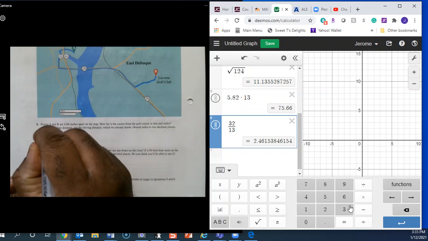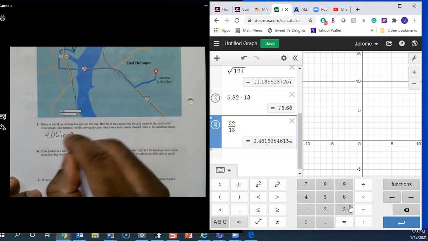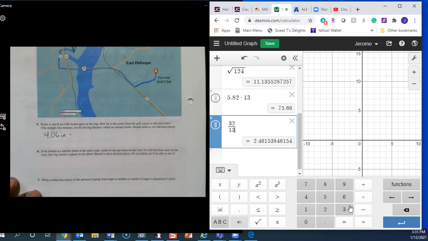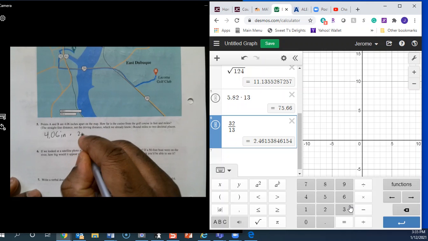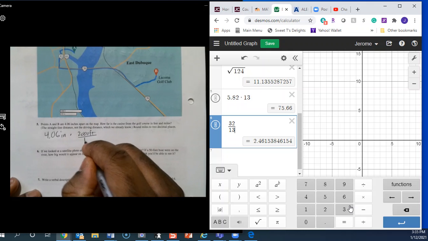So, we know we have 4.06 inches. And we're going to multiply it by the scale. Now, if you look here, this scale is actually in feet. So this is telling you that 1 inch is equal to 2,000 feet on this map. So we will multiply this by 2,000 feet over 1 inch.